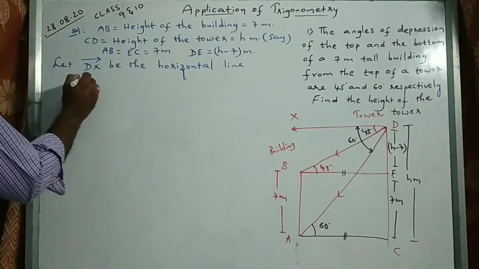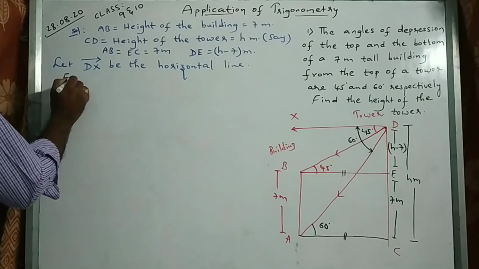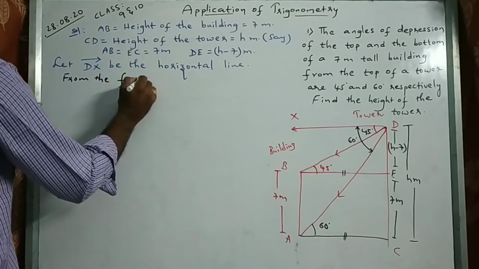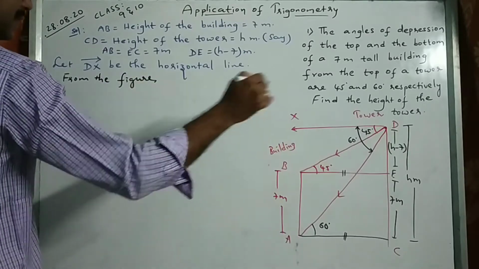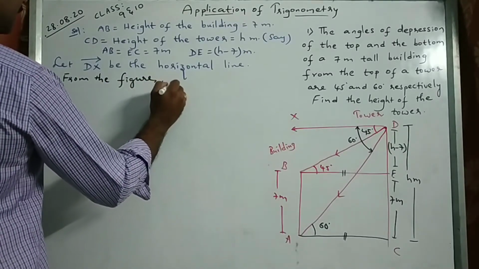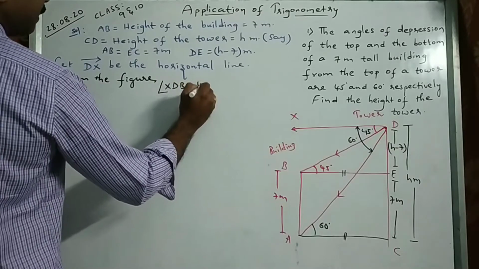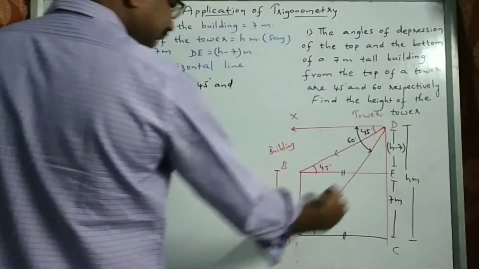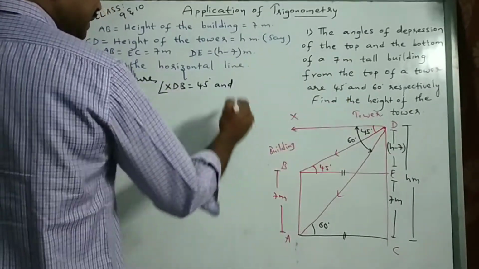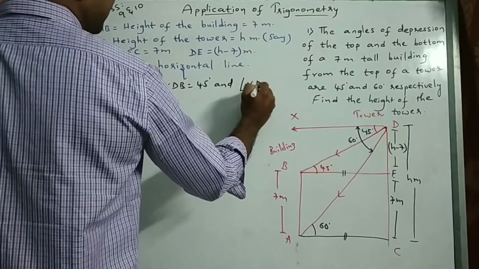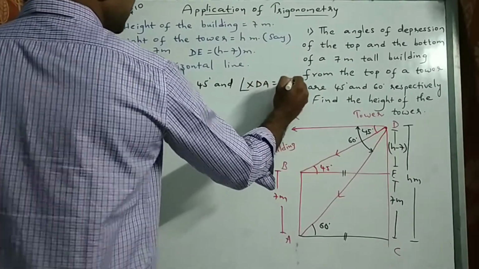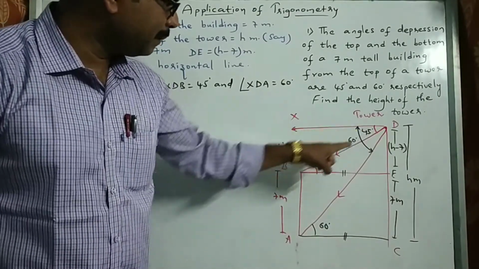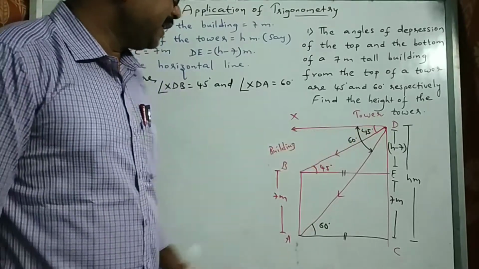Angle XDB from the figure, angle XDB equal to 45 and angle XDA equal to 60. If this is 45, then this is also 45 because they make alternate interior angles.